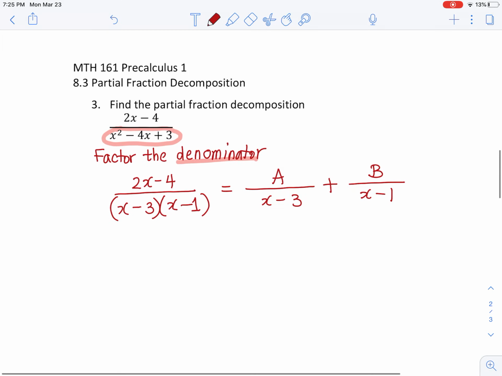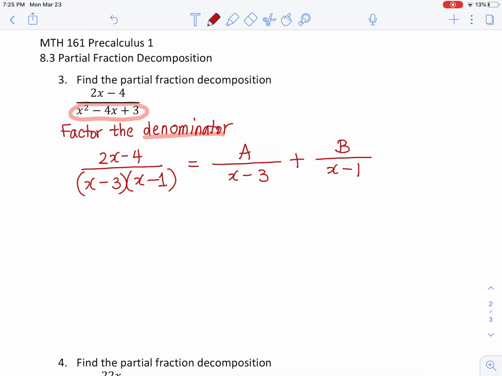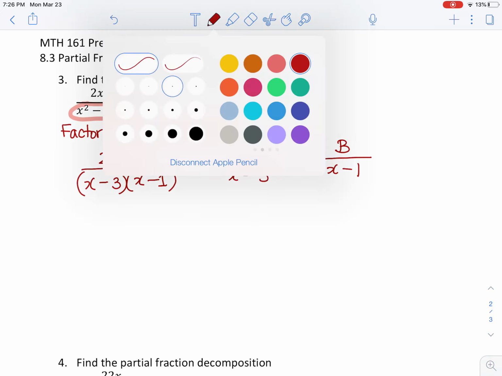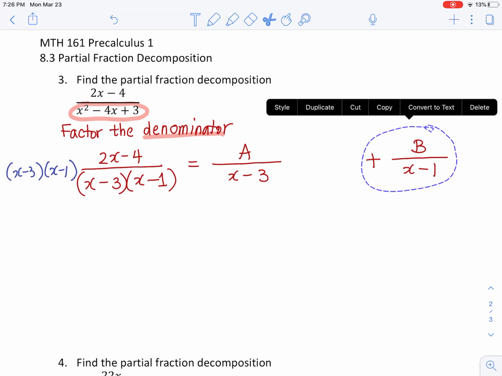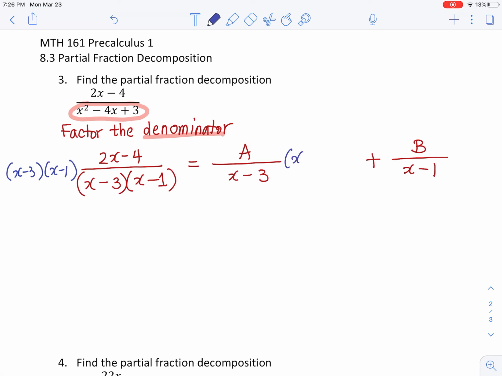Now remember, we're going to multiply both sides by the least common multiple. That's what it is, right? So let's multiply both sides by x minus 3 times x minus 1. All fractions get multiplied by that term.